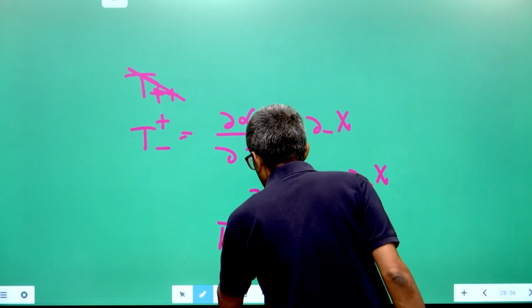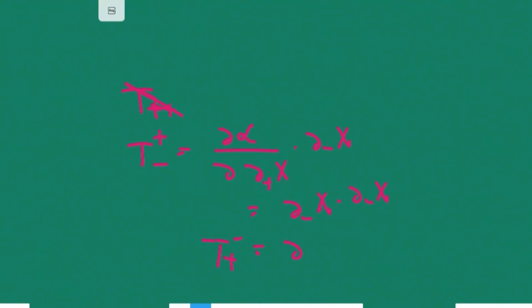Likewise T minus plus will be half of del plus x dot del plus x, and T plus plus will be del L by del (del plus x) dot del plus x, which will be equal to half del minus x dot del plus x.